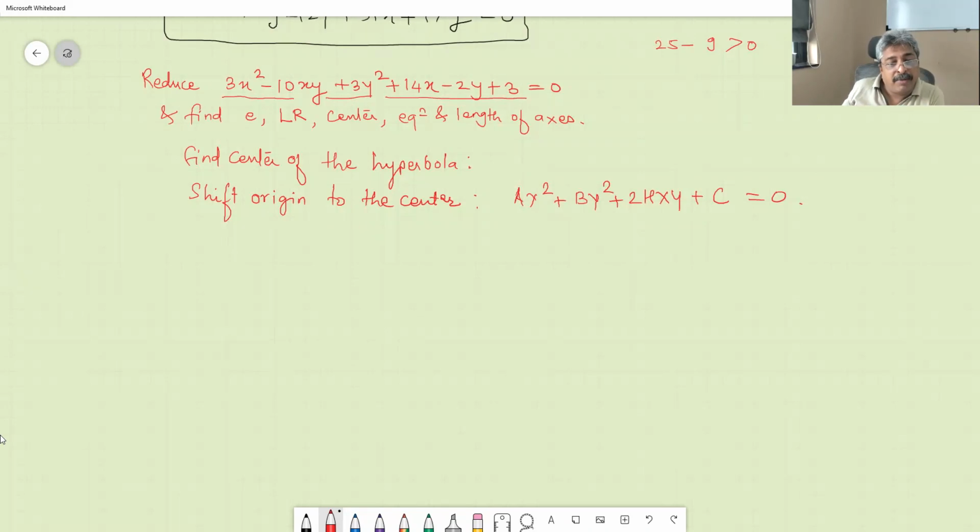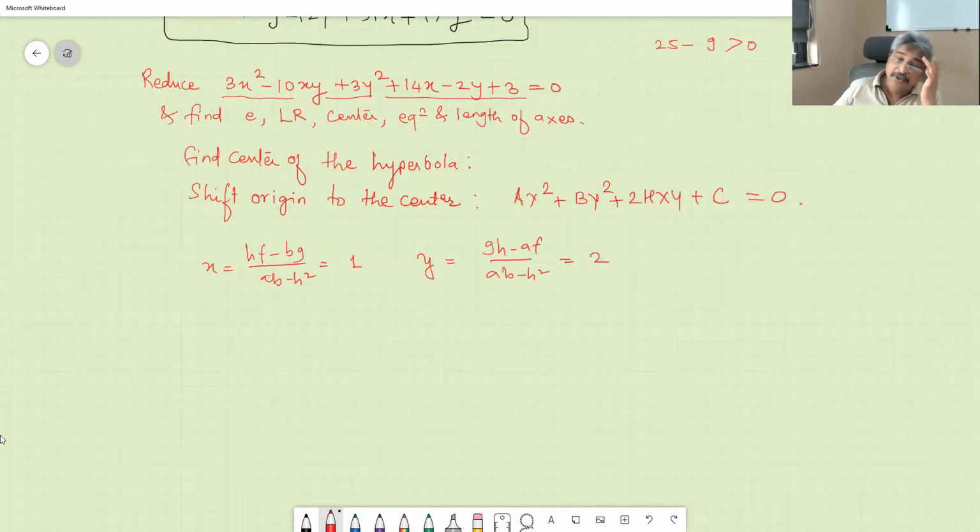We use the formula for center. First find out the center. HF minus BG upon AB minus H square is your x coordinate, which comes out to be equal to 1. And y coordinate is GH minus AF upon AB minus H square, which comes out to be equal to 2.